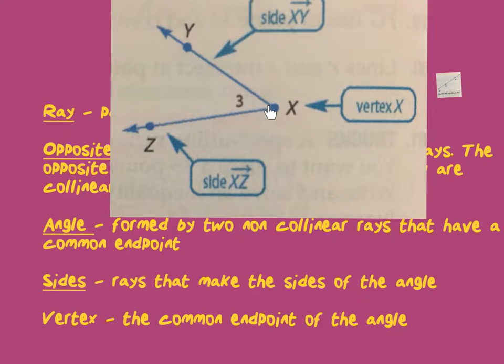That endpoint, as you can see, is called the vertex. So this would be vertex X of this angle, or angle 3. Also the sides, we can name them side XZ, right here, and side XY.